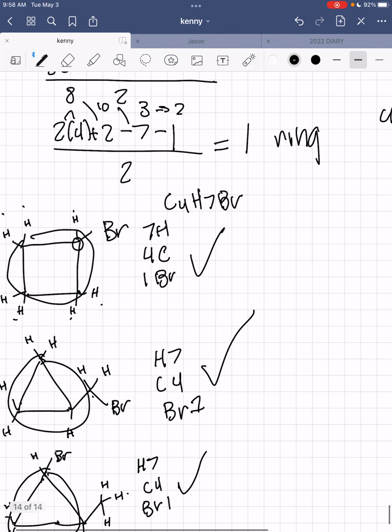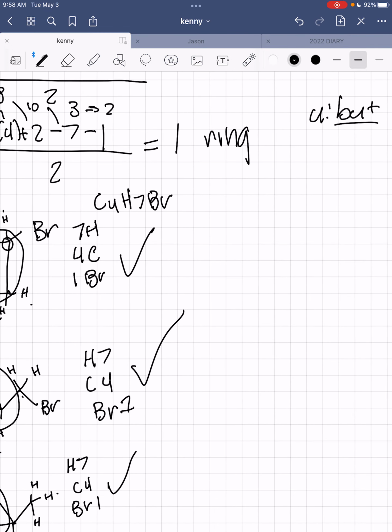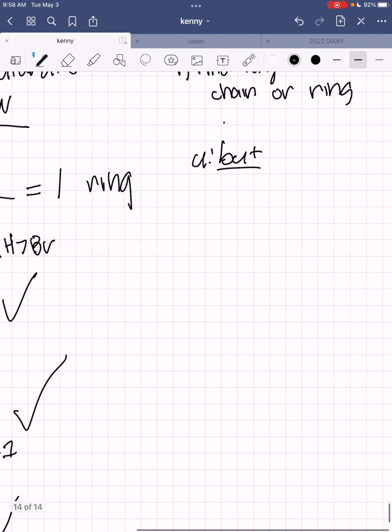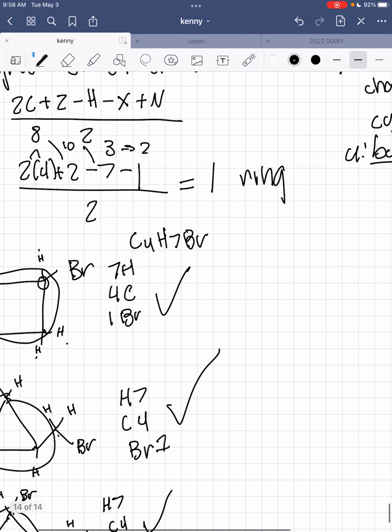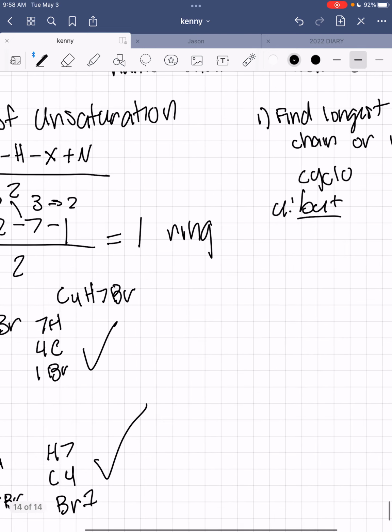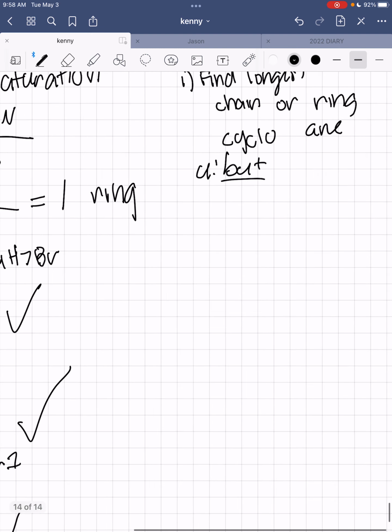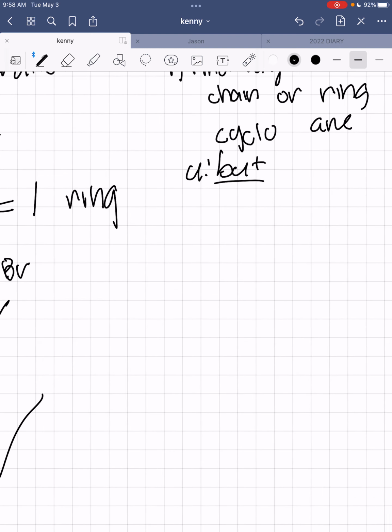So there's 4, so you need but, and then it's a ring, so you need to add the prefix cyclo, and it only contains carbon bonds, so it would be an alkane, so you need to add the ane at the end. When you put that all together, the parent name would be cyclobutane.